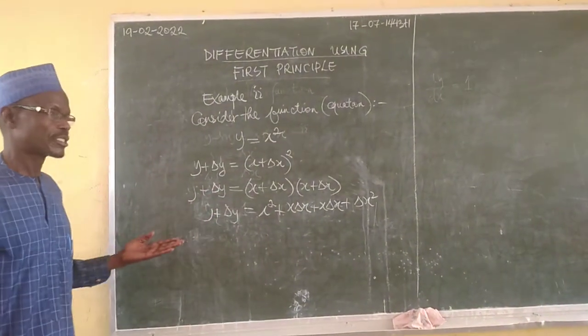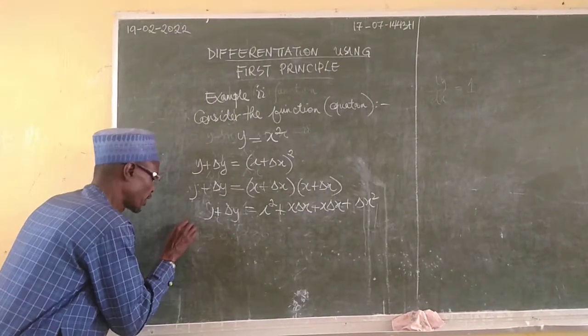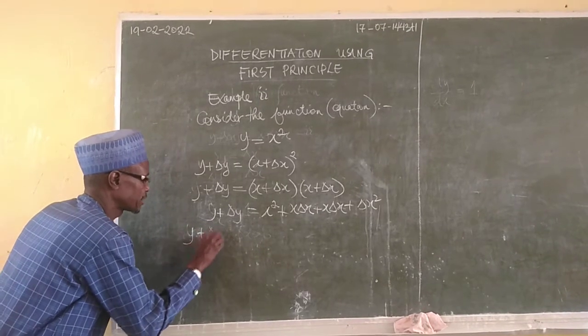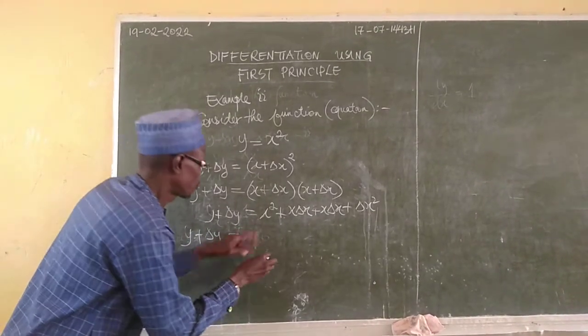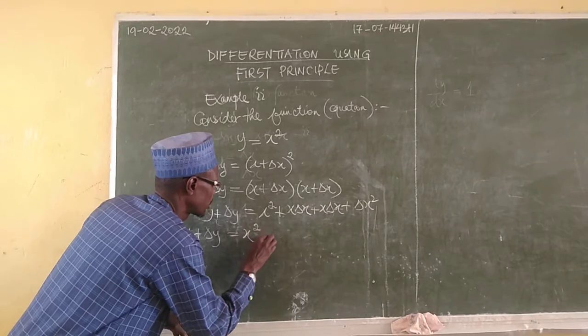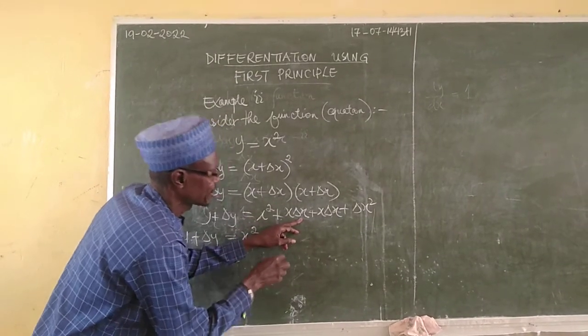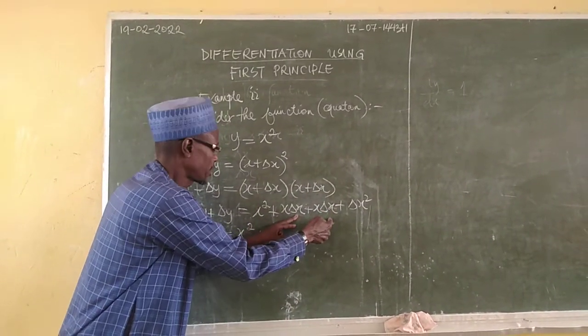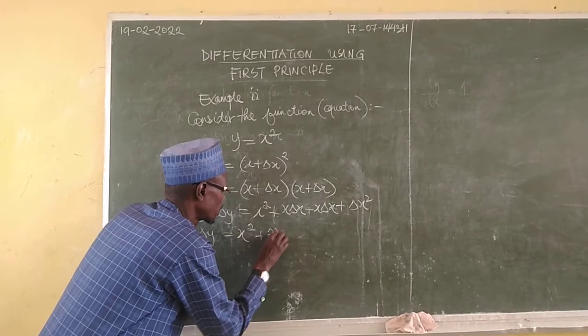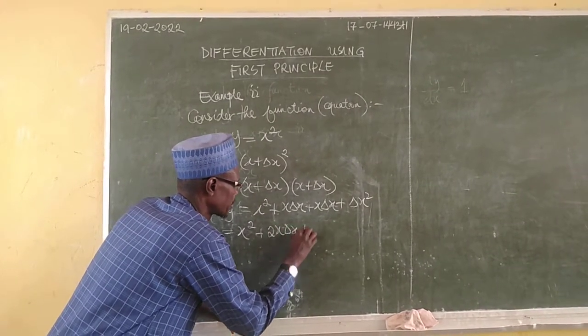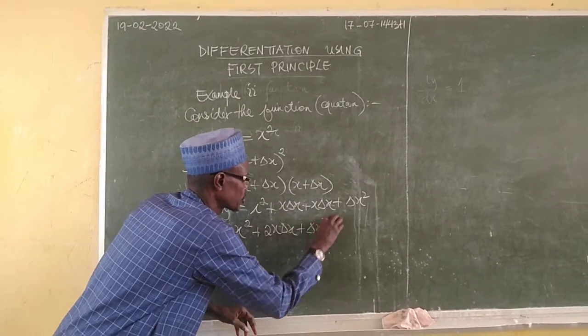So now rearranging and collecting like terms, we end up with y plus del y is equal to x squared plus 1x del x plus another 1x del x. So we have 2x del x plus del x squared.